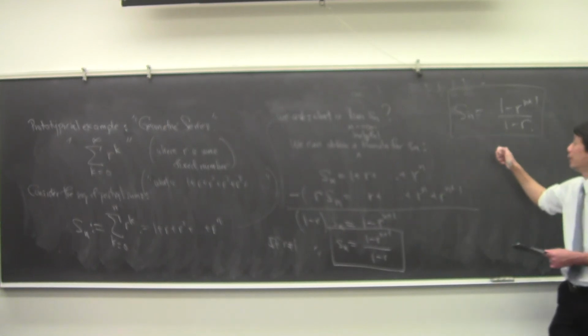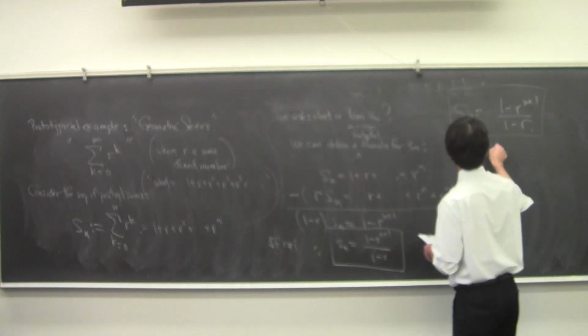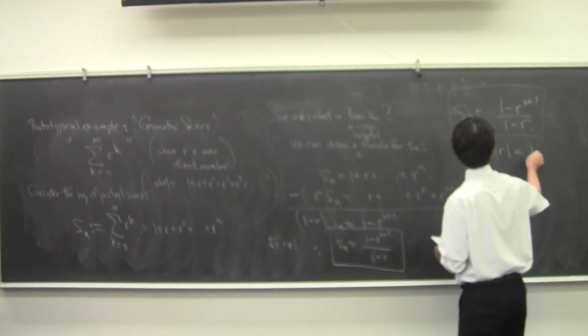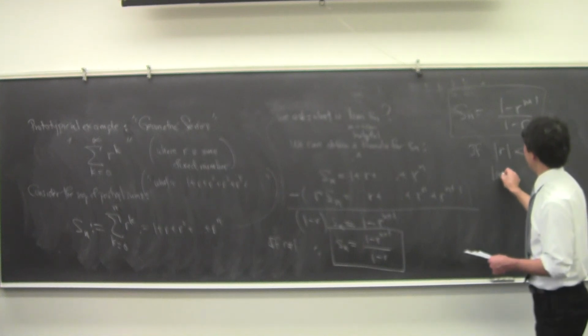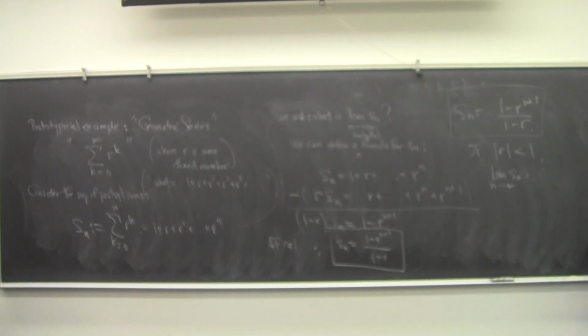And you notice that if r in absolute value is smaller than 1, then what happens to the partial sum sequence as n goes to infinity? What happens to this r to the n plus 1? It goes to 0, right? So we end up with S sub n converging to 1 over 1 minus r.